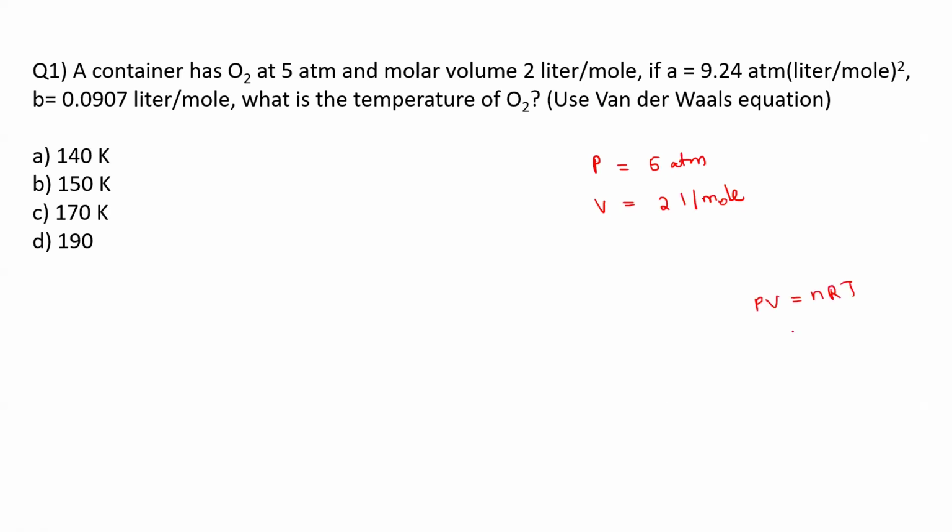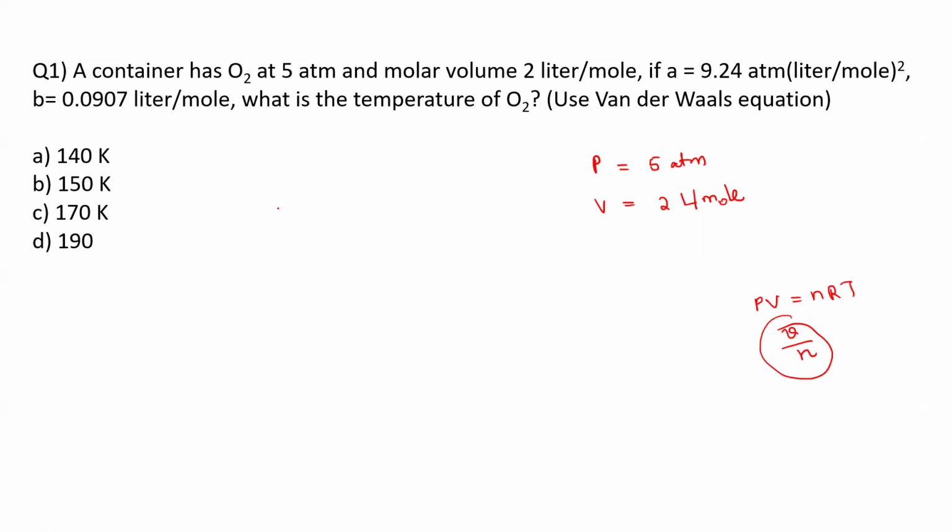So here V by n is the molar volume, where n is the number of moles. We are writing every equation of state in terms of molar volume, so we want to make it independent of the quantity. So this is 2 liters per mole. If a is equal to this and b is equal to this, what is the temperature of O2? Use the van der Waals equation.